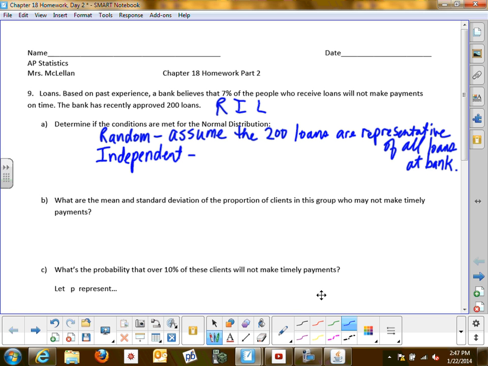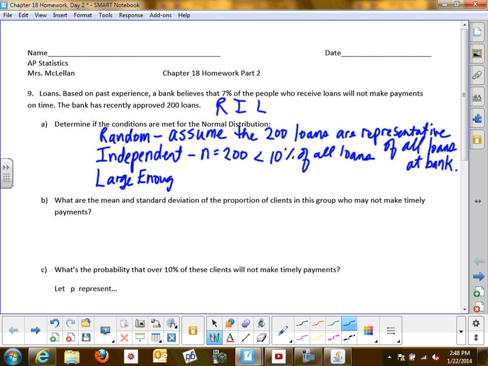Okay, so it should be similar to our M&Ms, but remember mathematically the way we're clarifying that is we are saying n, which is 200, is probably less than 10% of all of the loans that they hand out at that bank. Most banks, that's probably the case. All right, and what's our last condition that we check? Large enough, okay?